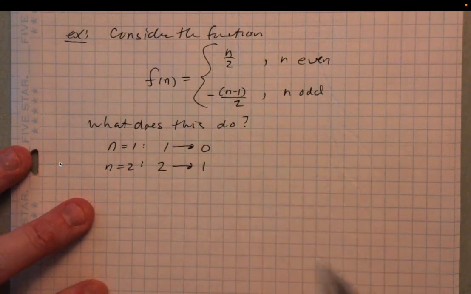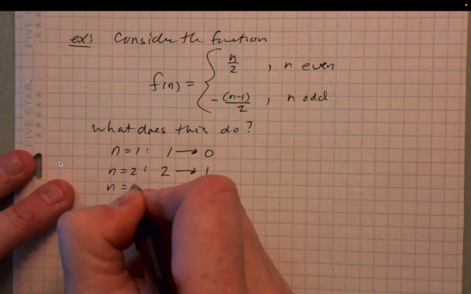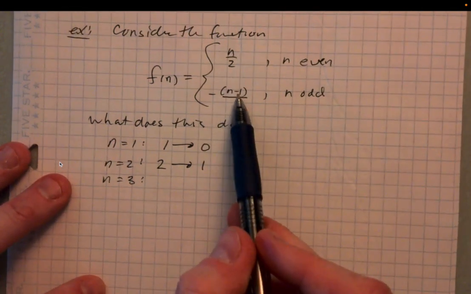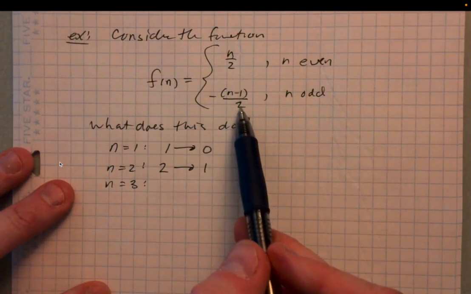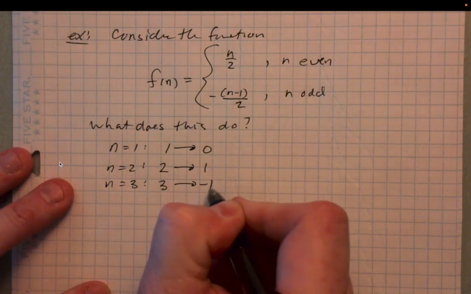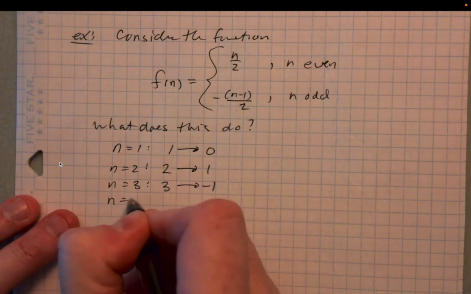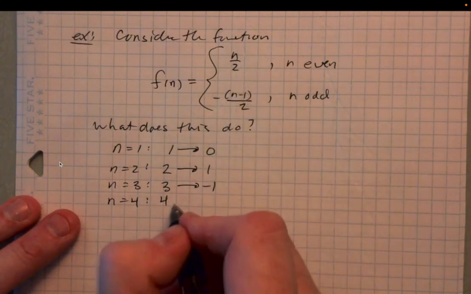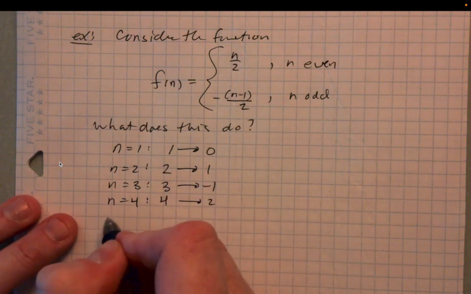So 2 would go to 1. n equals 3. 3 is odd, so it'd be the bottom one. 3 minus 1 is 2, 2 divided by 2 is 1, and it's negative. So it would take 3 to negative 1. What about n equals 4? 4 is even, so it'd be 4 over 2. 4 goes to 2. What about n equals 5?